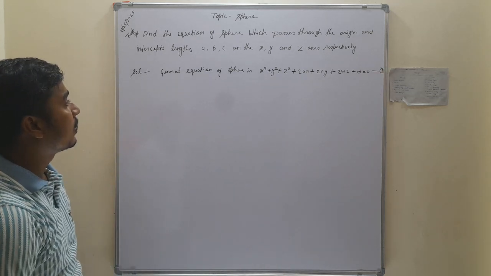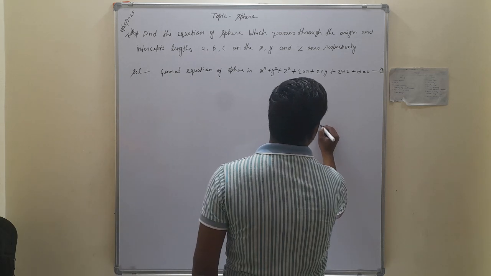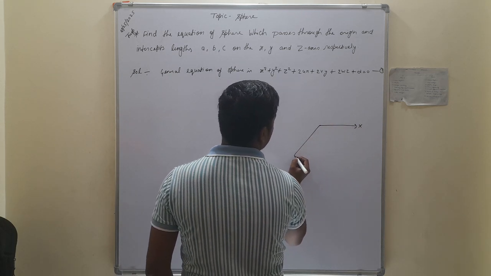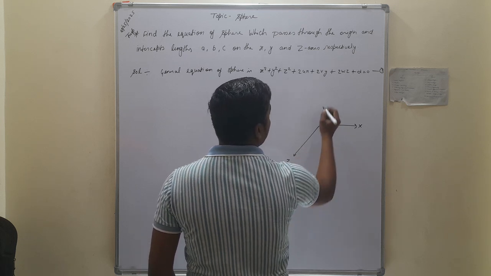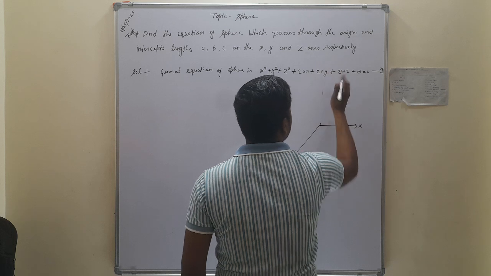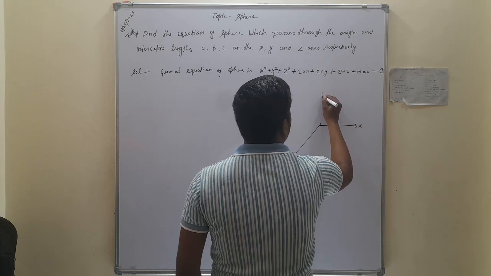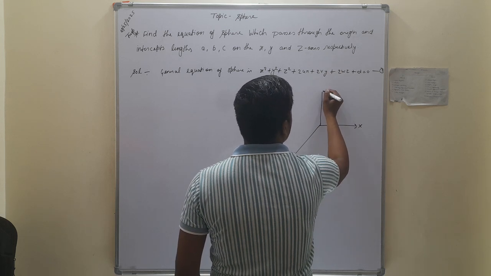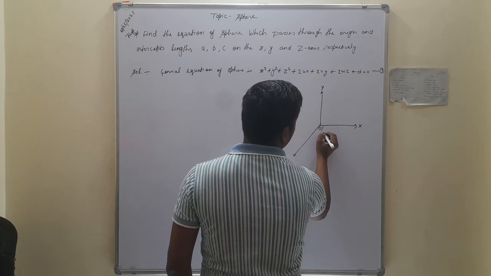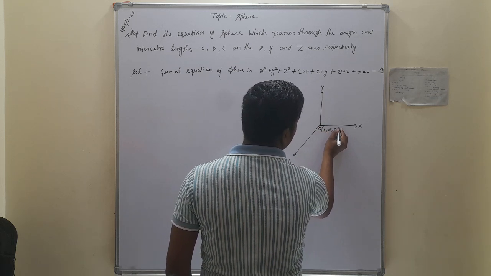First we have to draw the axes. This is the x-axis, this is the z-axis and this is the y-axis. Here is the origin 0, 0, 0.